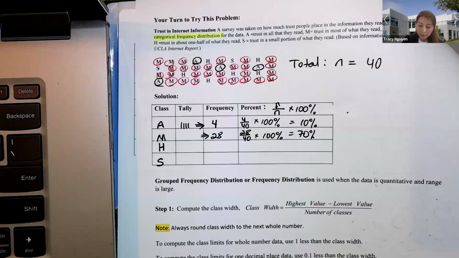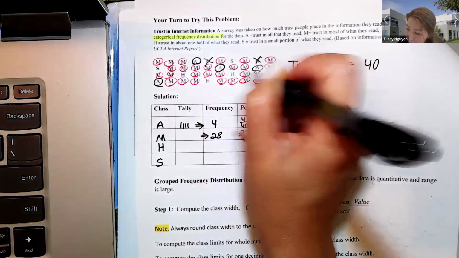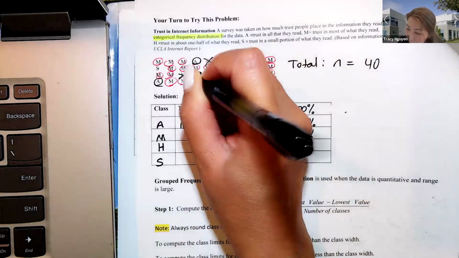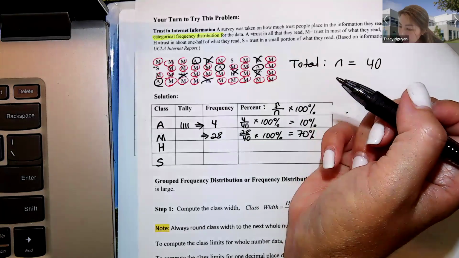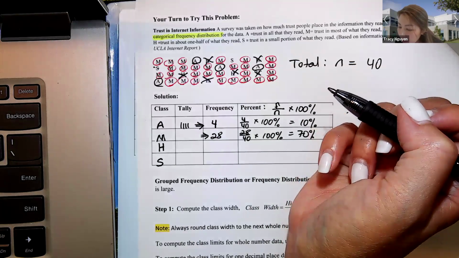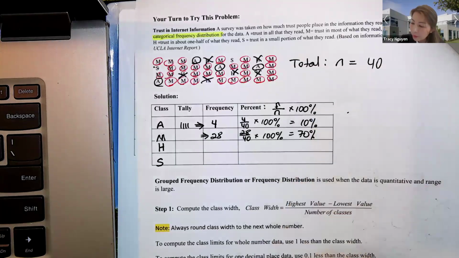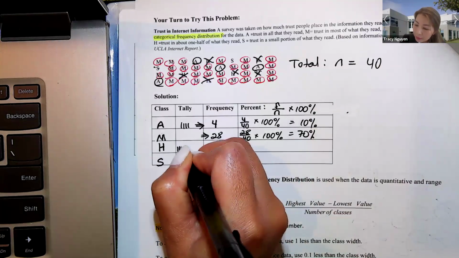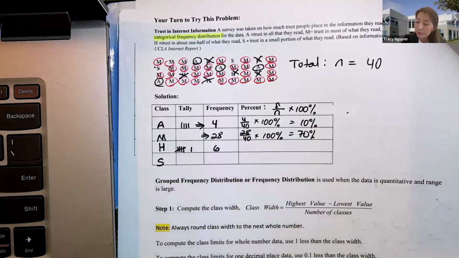For H, let's find out what we have. We have 1, 2, 3, 4, 5, 6, so the numerical value is 6.